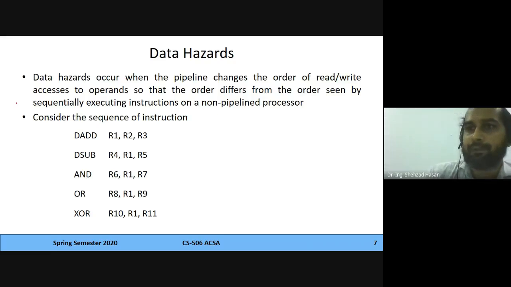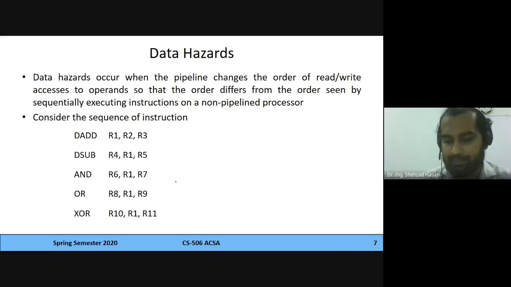Okay, so because of those dependencies, a result which is calculated or executed by a previous instruction is not yet available. For that, we are going to look at a sequence of instructions here.